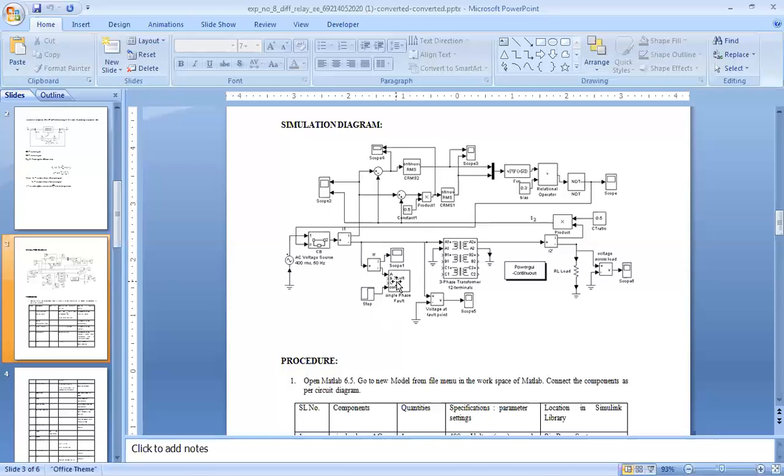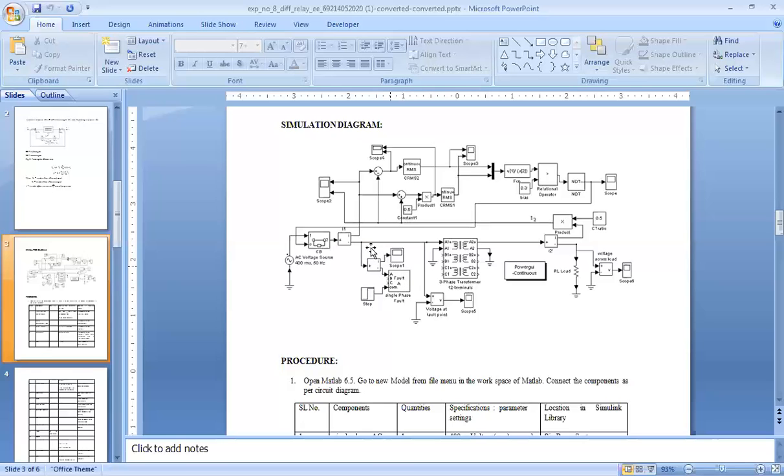So in this way a single phase fault block can be designed, and the fault resistance can be varied. As I've said, the fault resistance can be varied from any low value to high value, so that we can take the readings of these for different fault currents.